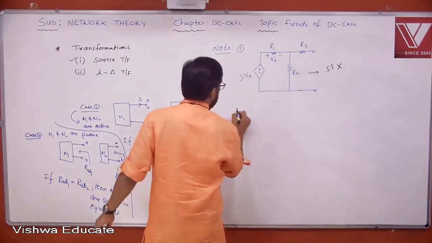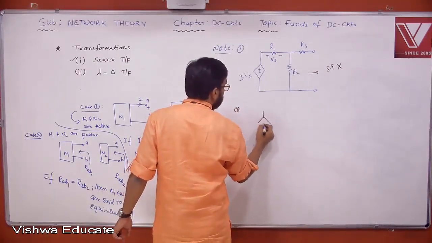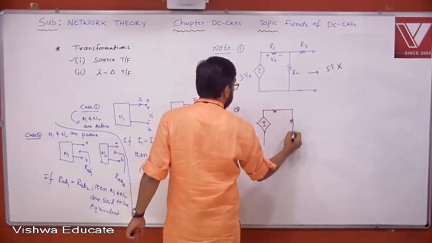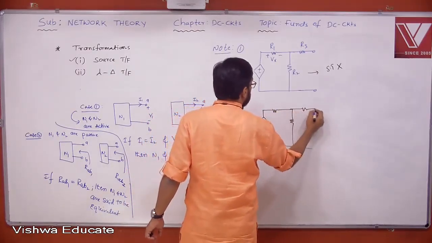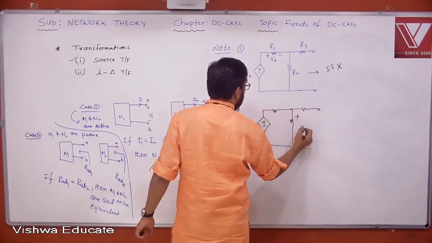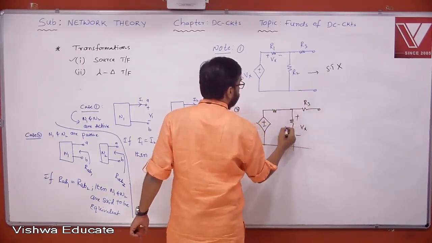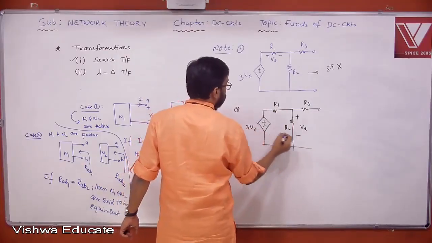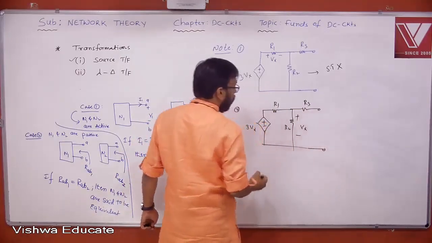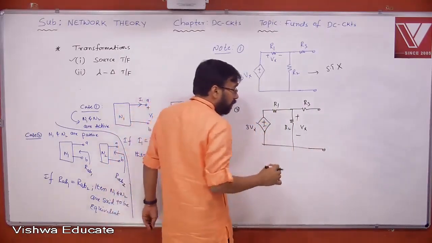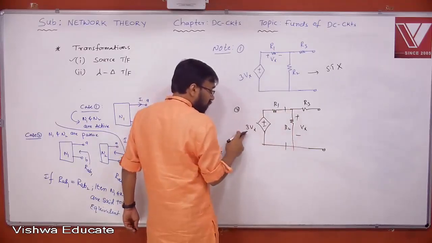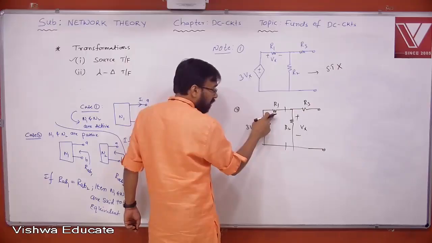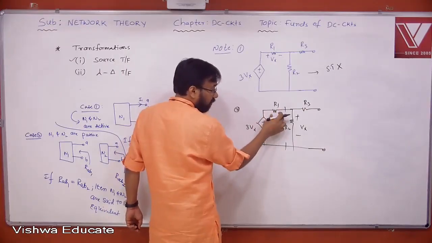But if I take something like this, this Vx is shown here now. Now there is no problem because this voltage source and the resistor don't have any variable here.